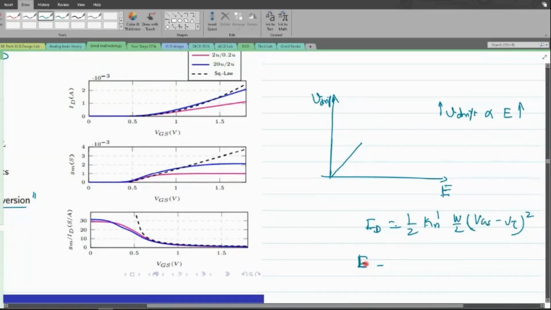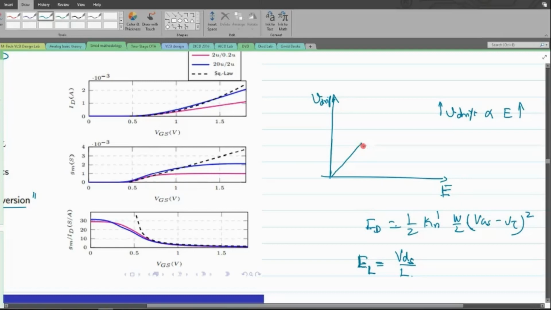But when I take a shorter channel, the electric field, which I call the lateral electric field, is created by the VDS across the channel. So I could write it as VDS divided by the channel length L. Once the channel length becomes small, even a small value of VDS, a small potential difference between the drain and the source, creates a very large electric field.